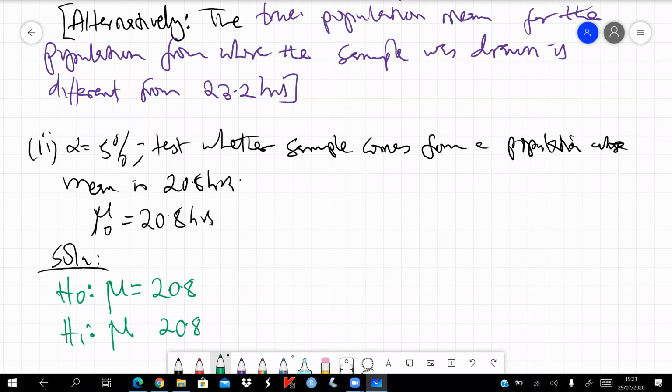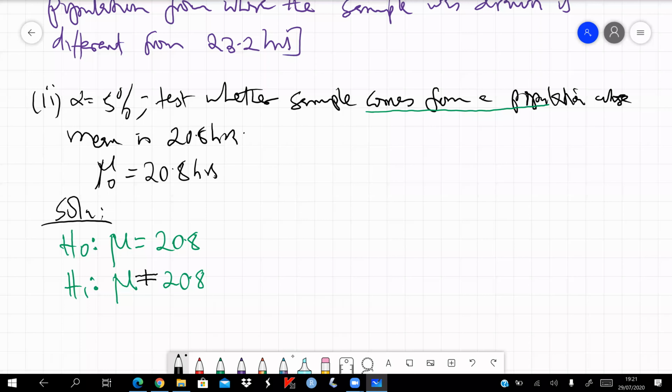Test whether it comes from a population whose mean is that. So just like the first one, here we're testing not equal to. That question and the first one are equivalent. They are the same. The only difference is the values of mu naught.